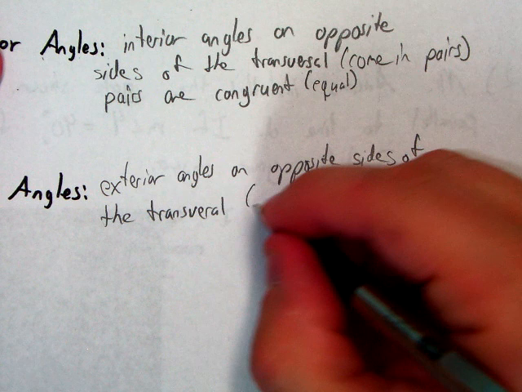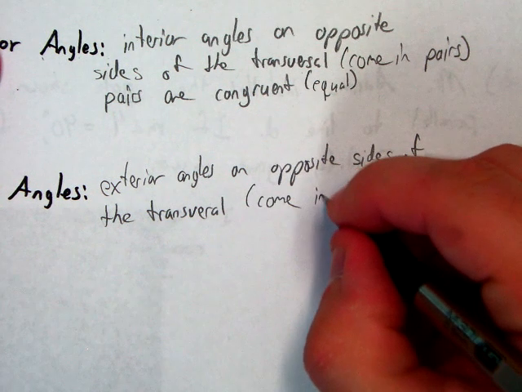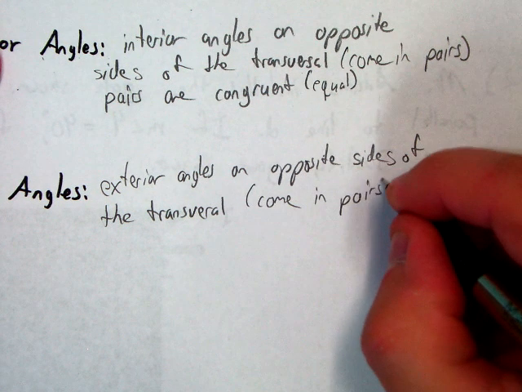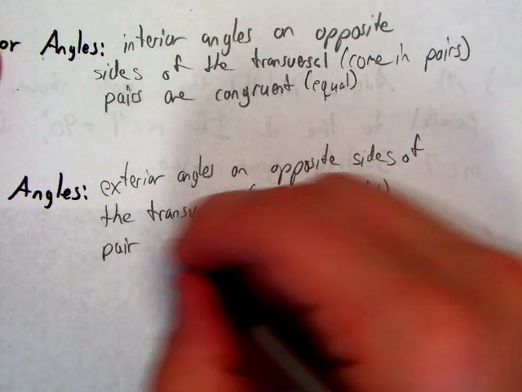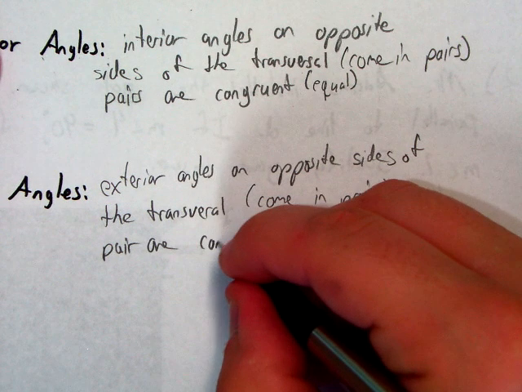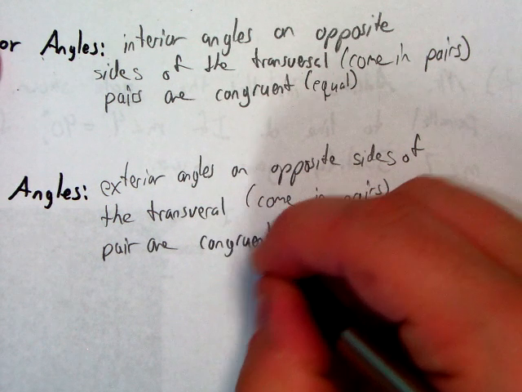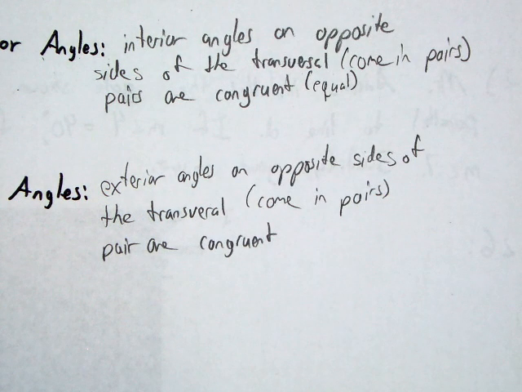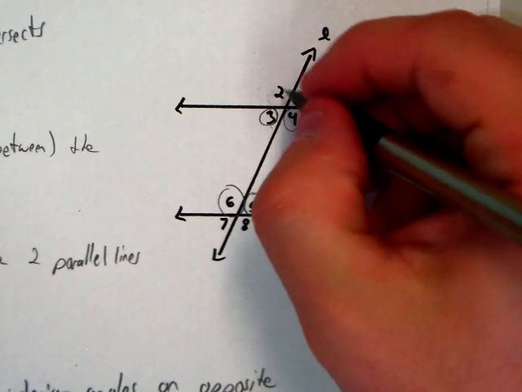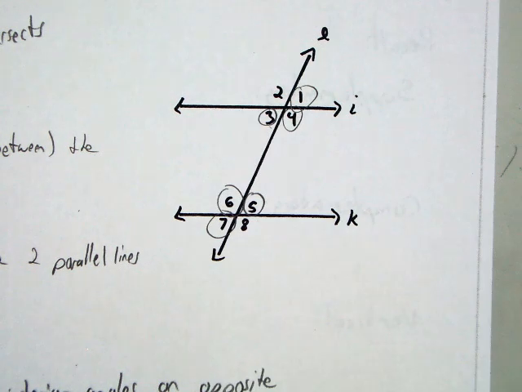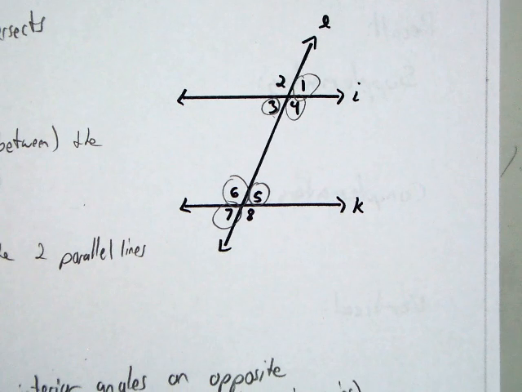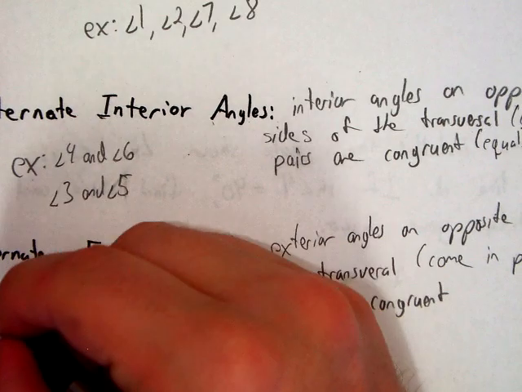Again, these also come in pairs. And the pairs, again, are congruent. Examples would be 1 and 7. That's a pair of alternate exterior angles.